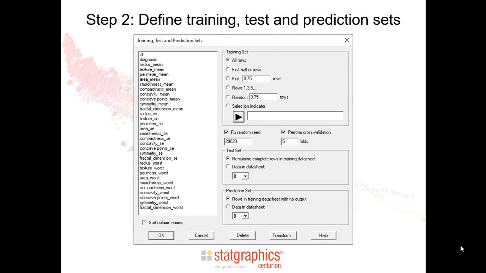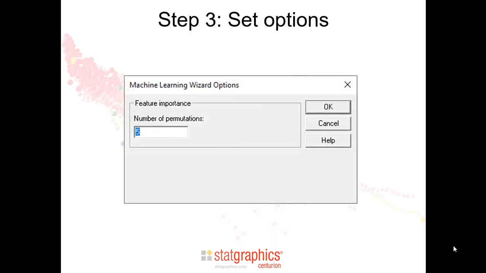In step 2, you define the training, test, and prediction sets exactly as I demonstrated for the decision trees. In step 3, you specify options to be used by all of the machine learning algorithms. There's currently only a single option to set, and that's the number of permutations to use in determining feature importances.